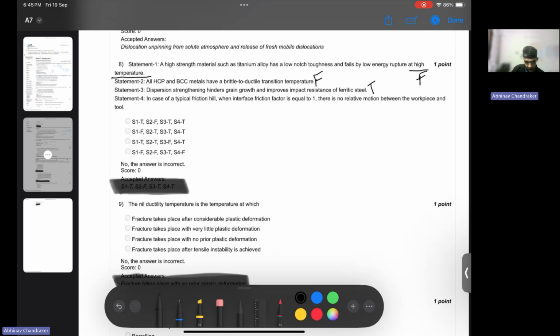Statement 4, in case of typical friction hill, when friction factor is equal to 1, there is no relative motion between the workpiece and tool. This should be true because you want more friction when compression is going on. Sorry, you want less friction.